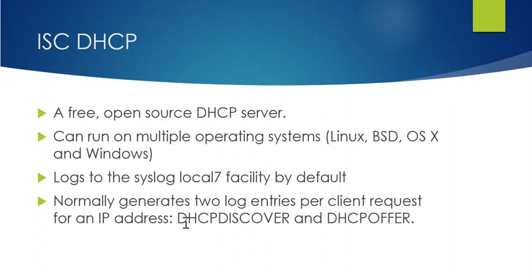And normally it'll have 2 log entries for every client request. So the machine says, hey, I need an IP address, then it'll log that information. It'll say, okay, this machine got this IP address. It'll put it in the DHCP discover log and in the DHCP offer log. So it puts it in both those logs for the ISC DHCP software, okay?